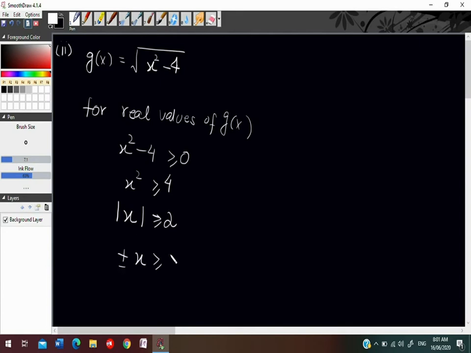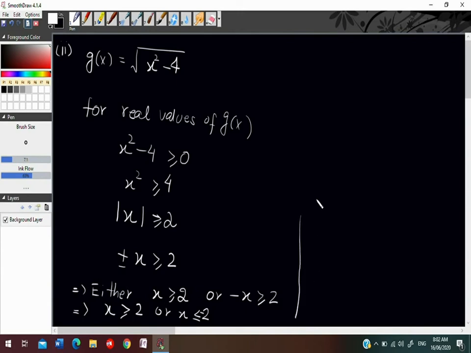So we can write either x is greater than or equal to 2 or minus x is greater than or equal to 2, which implies that x is greater than or equal to 2 or x is less than or equal to minus 2.